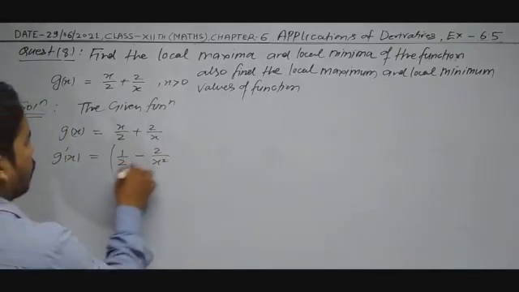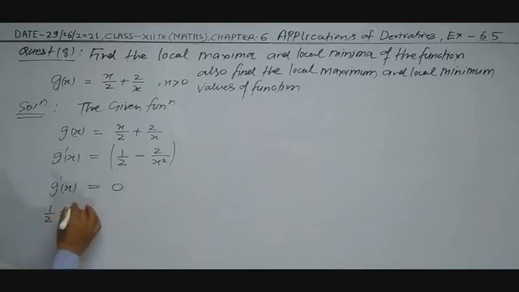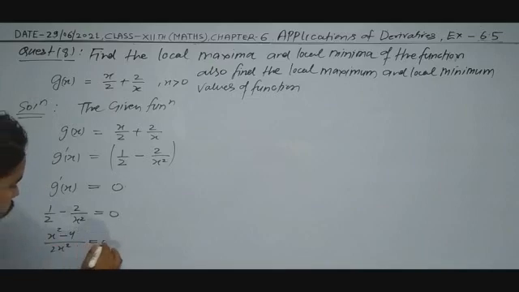So this is the differentiation. And now for calculation of turning points, you will equate g dash x is equal to 0. So 1 by 2 minus 2 by x square is equal to 0. Taking LCM you will get (x square minus 4) upon 2x square is equal to 0.